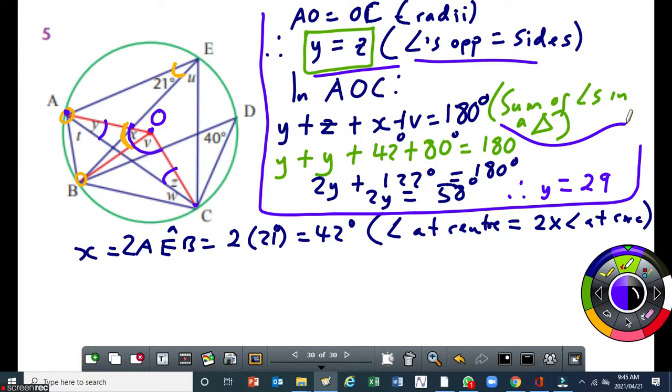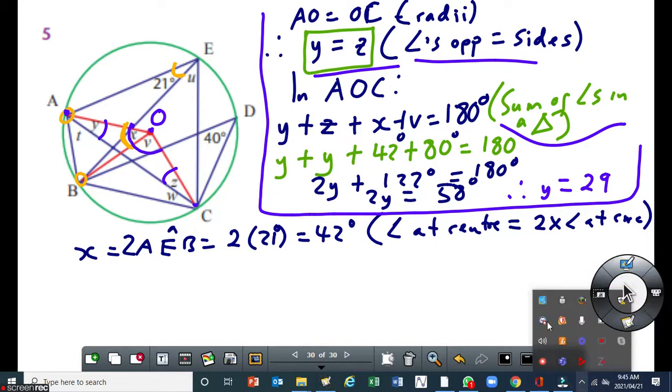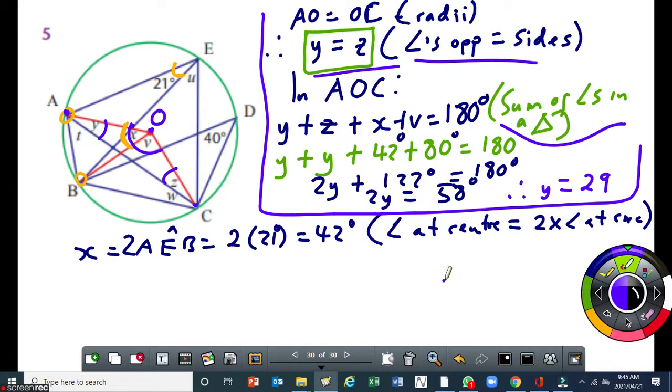We are using the fact that y is equal to z. This is the mathematical approach, where you use your knowledge of algebra to find y first. Or I could have calculated z first, but I'm going to follow the English alphabet, so I started with calculating y first.